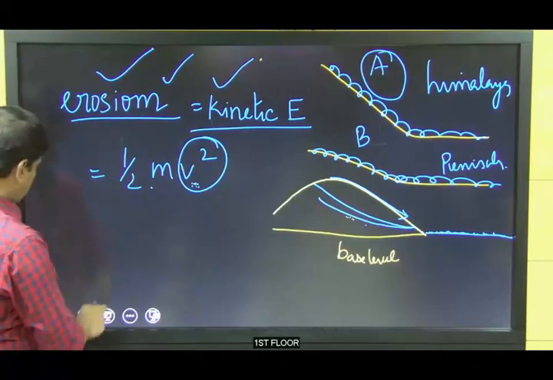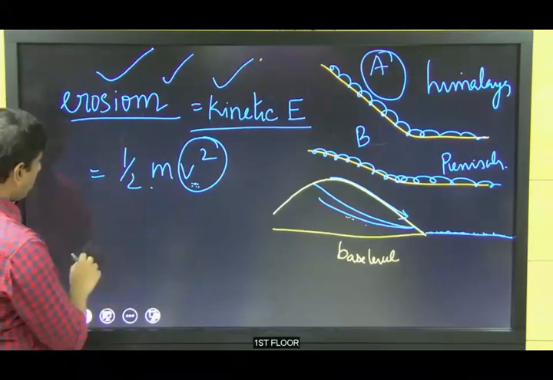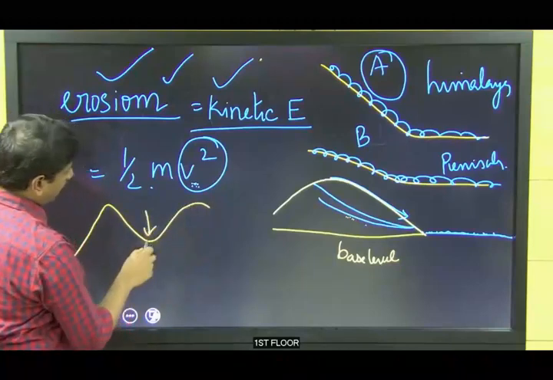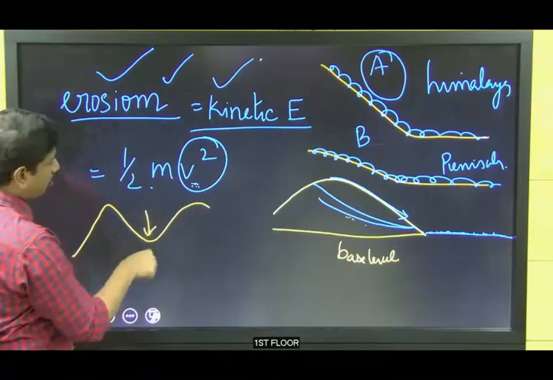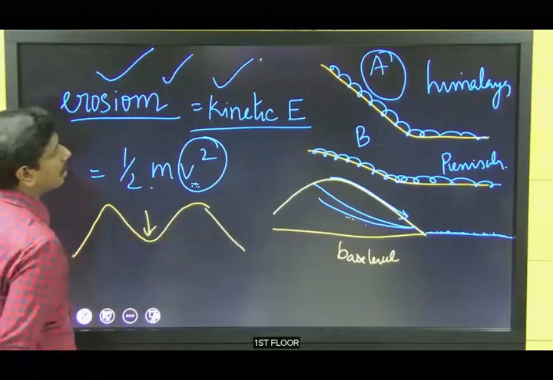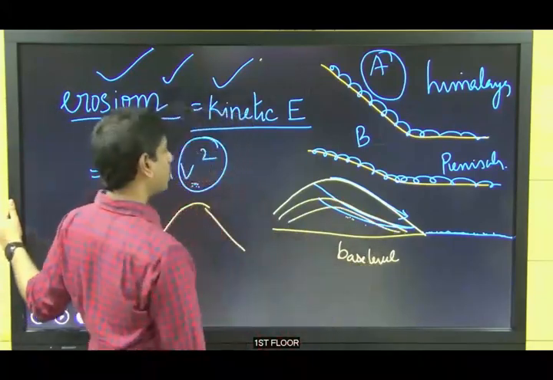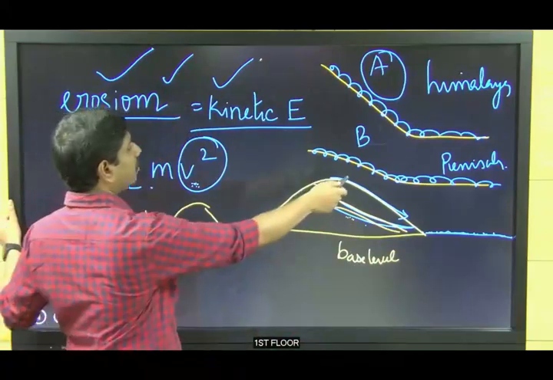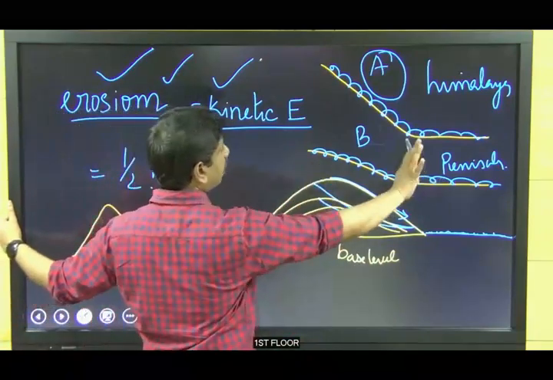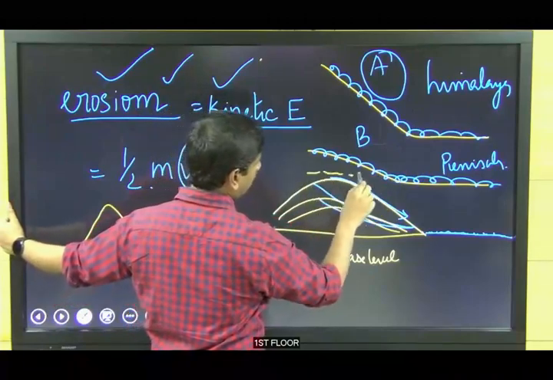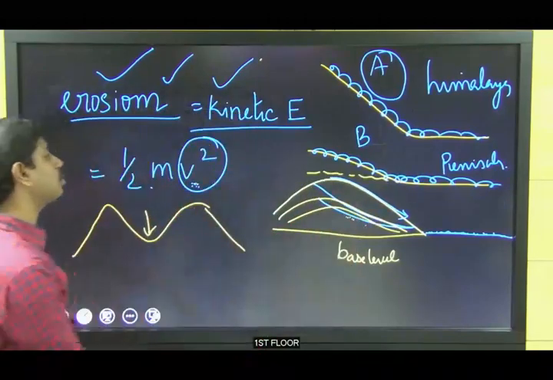So whenever it is moving, it tends to erode the valley. So down cutting will be more. It will erode the valley. So it will keep on eroding the hills like this. Okay, but in case of peninsular rivers, already everything is eroded. Now no more. The base level is almost reached.